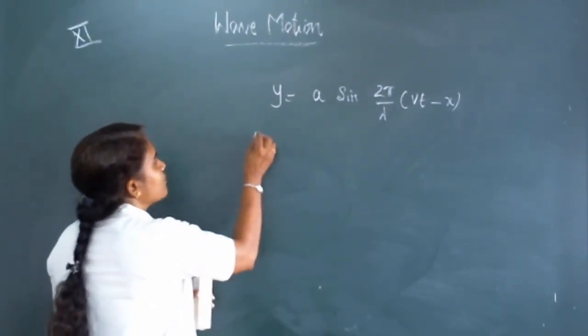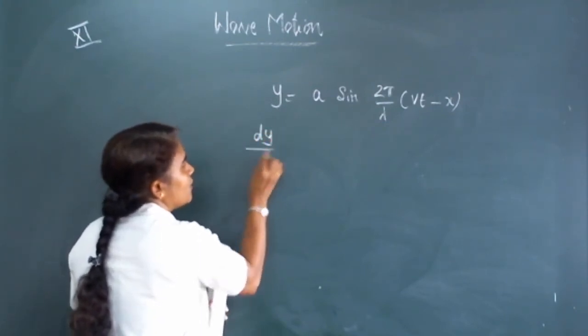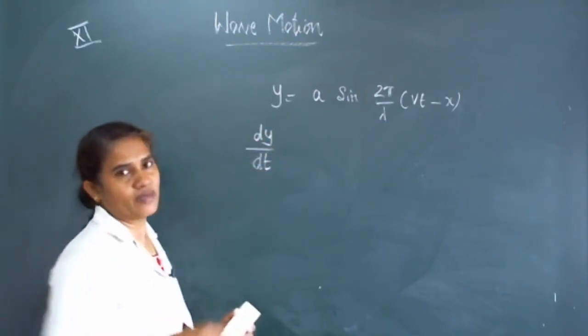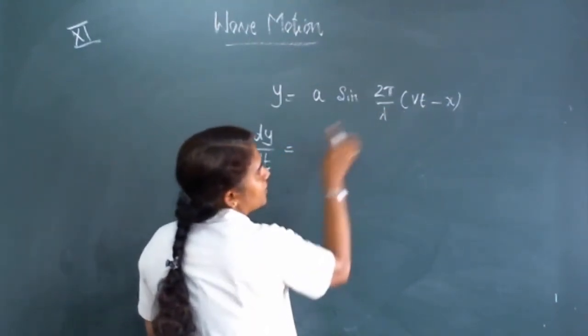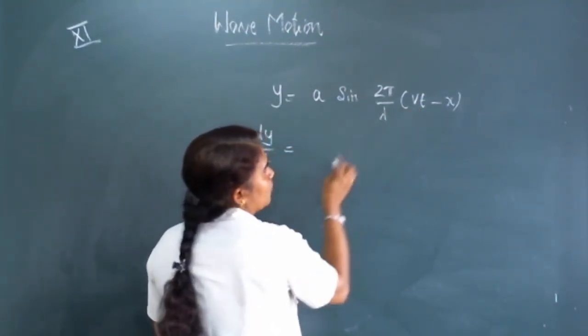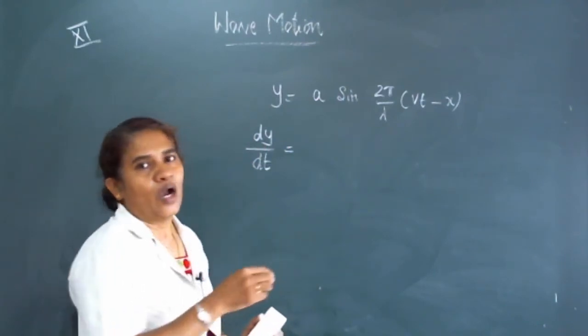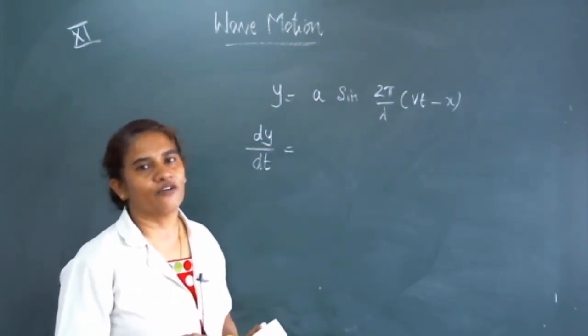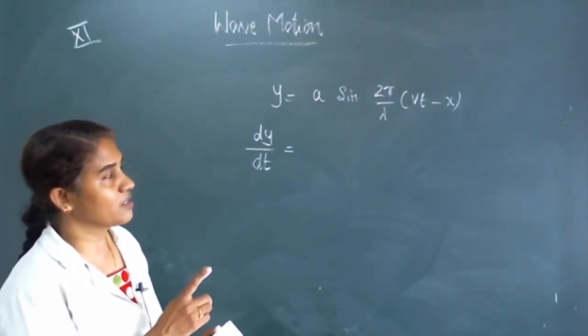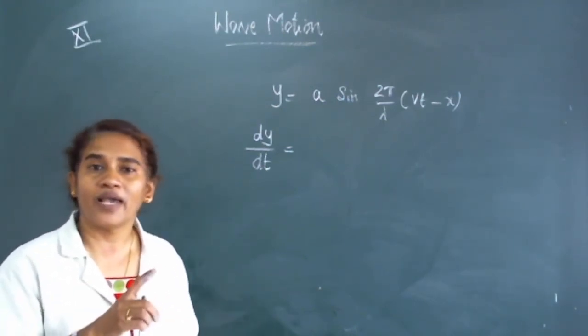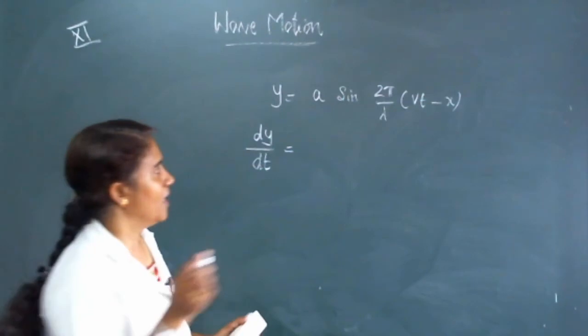I am going to take the derivative of the same with respect to time, dy by dt. How will it be? d by dt of A sin 2 pi by lambda (vt minus x) becomes A cos 2 pi by lambda (vt minus x).